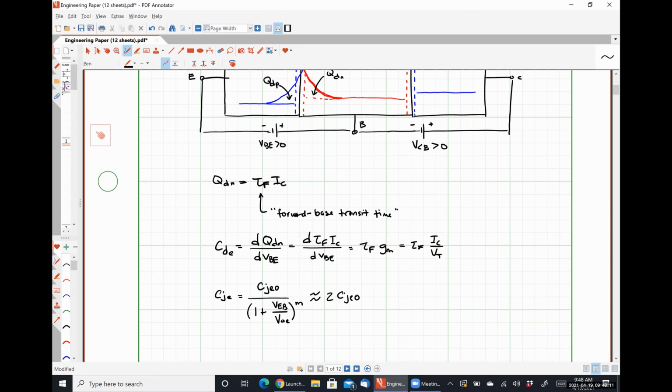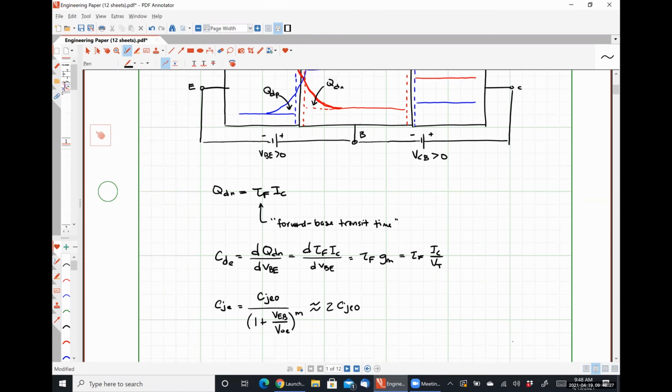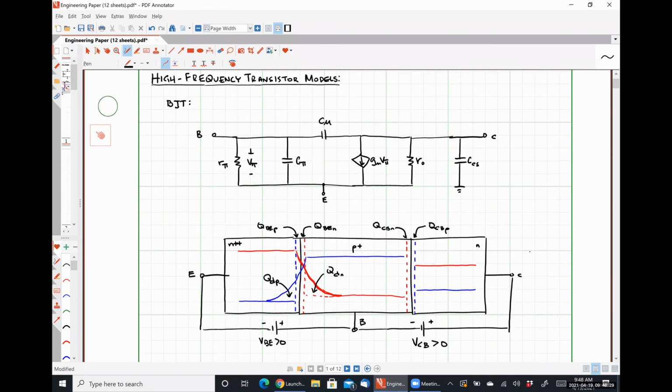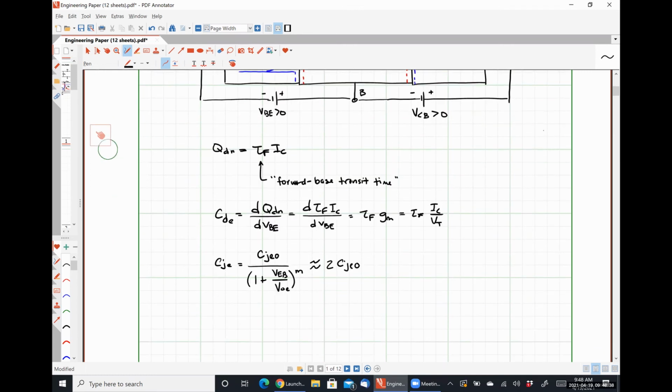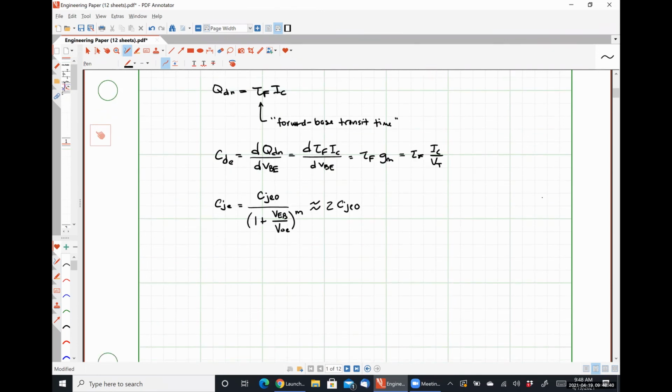Because both CDE, our diffusion capacitance for our base emitter junction, and CJE, our depletion capacitance for our base emitter junction, occur across the base emitter junction, they are effectively in parallel. And so we can say that our capacitance C pi, which occurs between the base and the emitter, is simply those two capacitances added together.